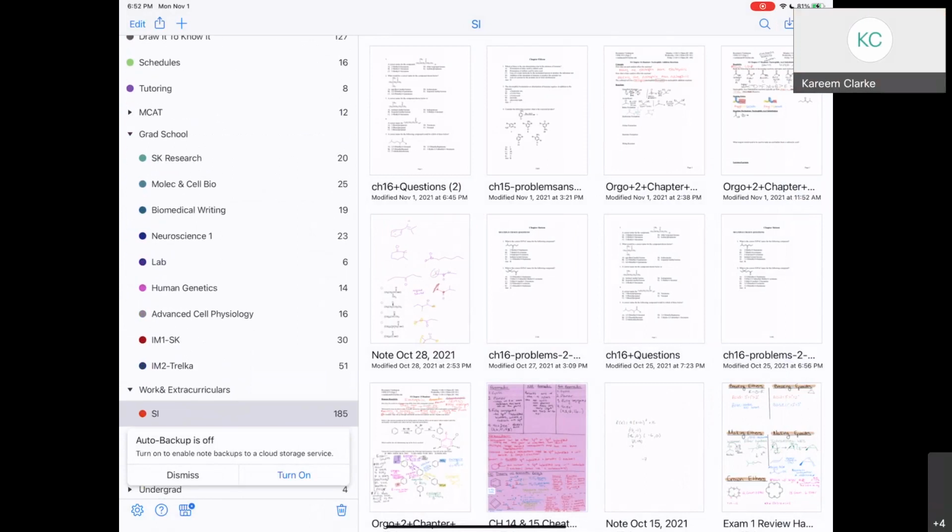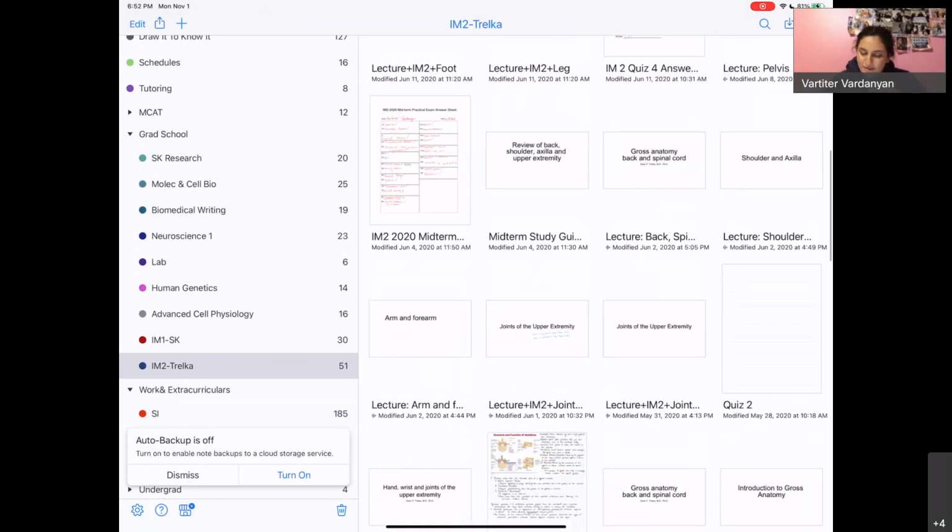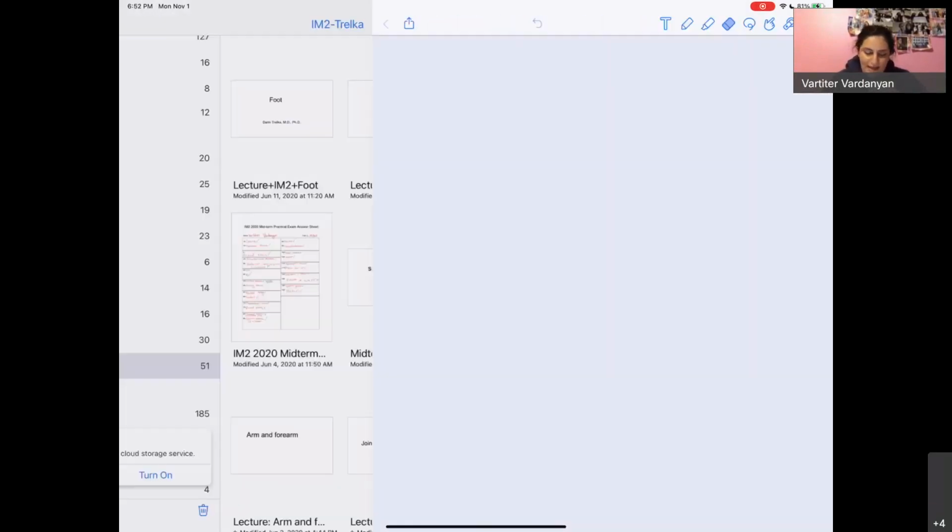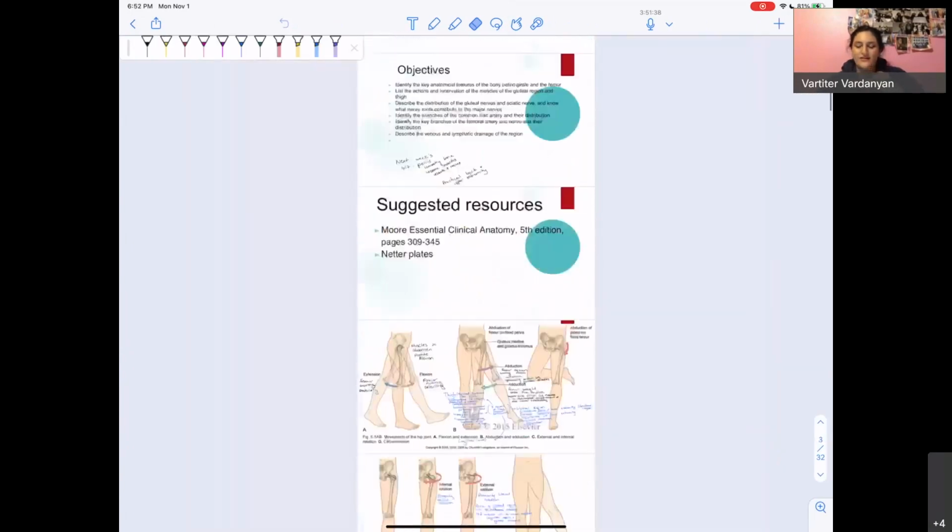Literally, I took integrated morph 1 and 2 in the master's program, and it's kind of like human morph except they make it like the first year of med school's anatomy class. So I've literally been going through, and I have all these notes.